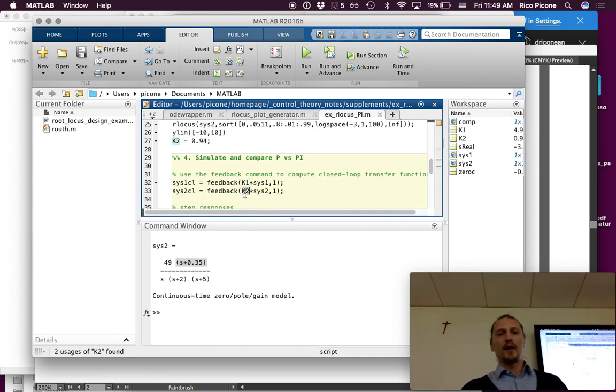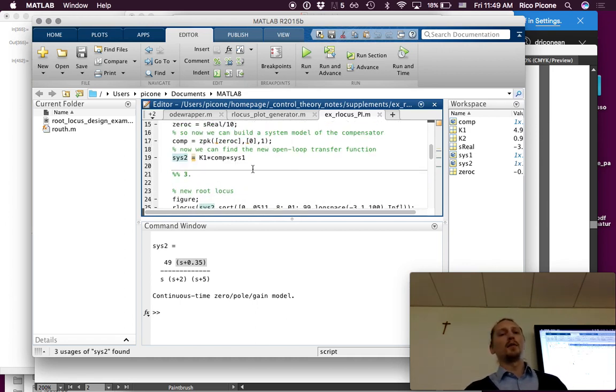And then the second system, the PI, we have to multiply by K2. And sys2 includes, remember, we define sys2 to include the original system and the compensator and the original gain. So all we need to multiply it by is K2.